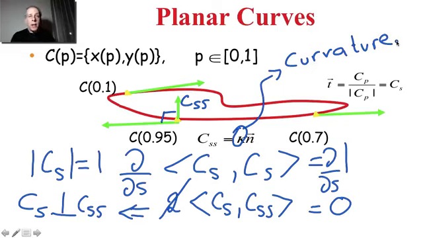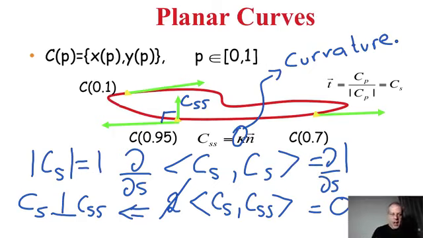This is one definition of the curvature. It basically tells us how much the tangent is changing. And it's very intuitive. If it changes a lot, it means that the curve is curving a lot there and has very high curvature. If it's not curving a lot, for example, a straight line has 0 curvature.